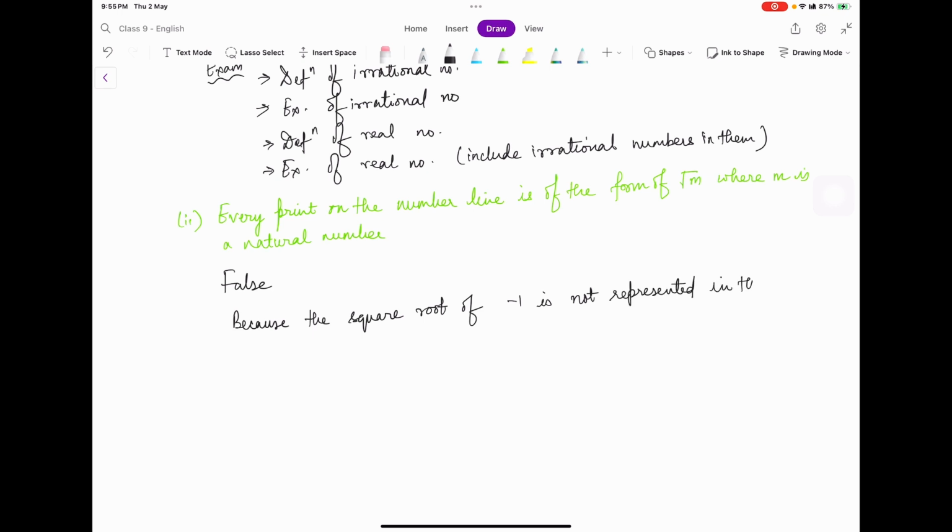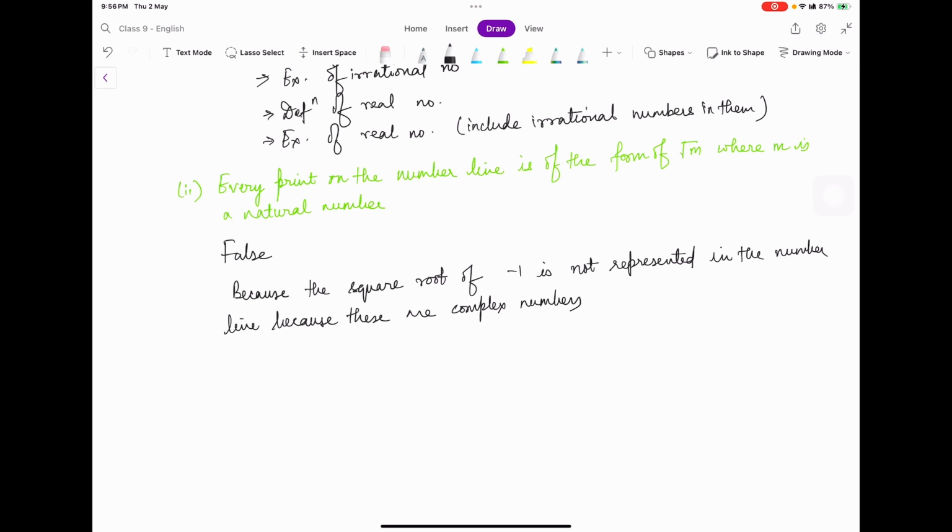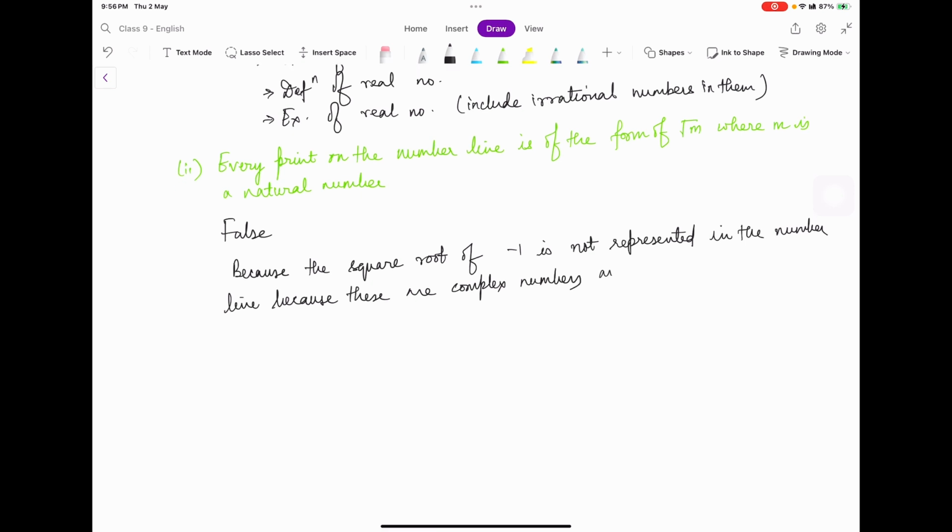Not represented in the number line because these are complex numbers and cannot be shown on a real number line.